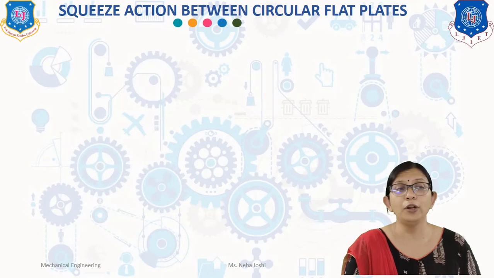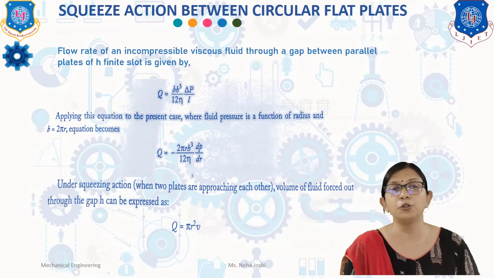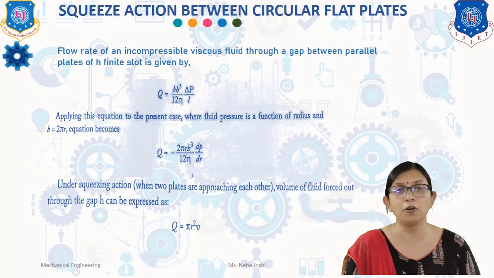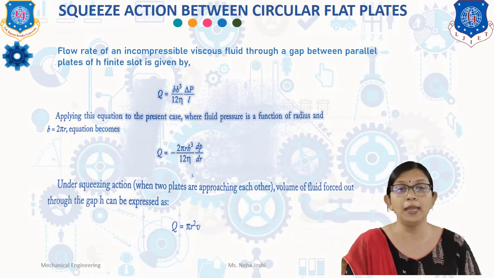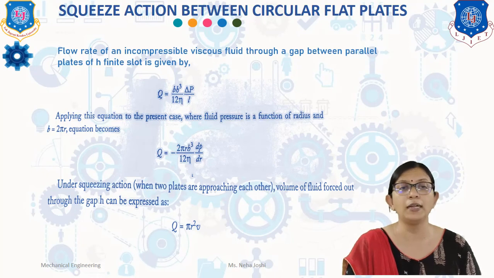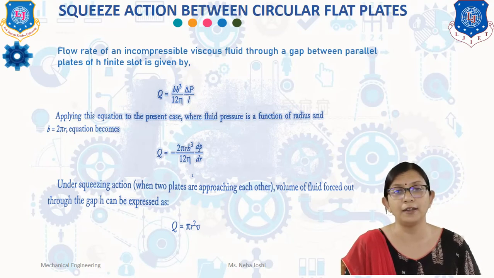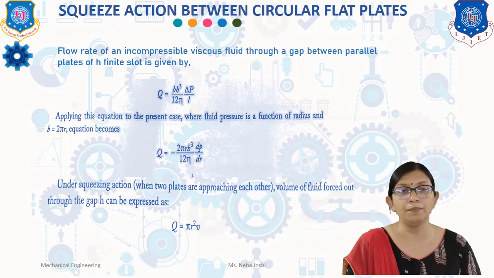Now, the flow rate of an incompressible viscous fluid through a gap of height h between parallel plates, a finite slot, is given by the equation Q = b h^3 / 12 η × ΔP / L. Applying this equation to the present case, where fluid pressure is a function of radius and b = 2πr, the equation becomes Q = −2πr h^3 / 12 η × dP/dr.